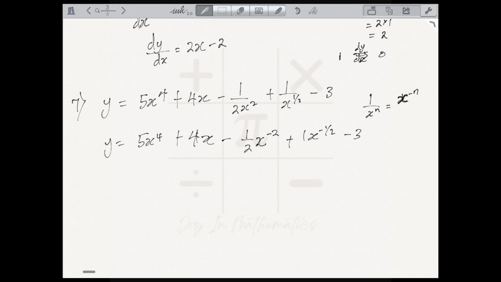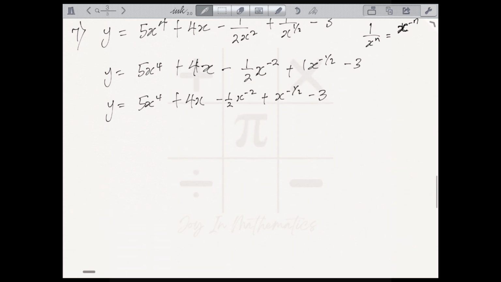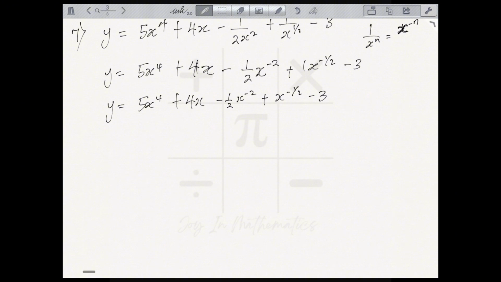So let's simplify further as 5x raised to power 4 plus 4x minus 1 over 2 x raised to power minus 2 plus x raised to power half minus 3. If we differentiate each term, then we have dy/dx.